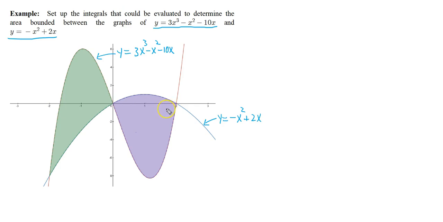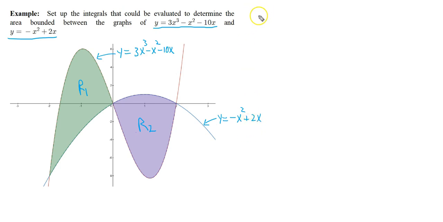So it looks like we're going to have two separate integrals to find the total area of these shaded regions. So let's label this region here R1 and this region R2, and we want to find the area of each of these regions. So we need to find where these curves intersect, and that'll determine our limits of integration.